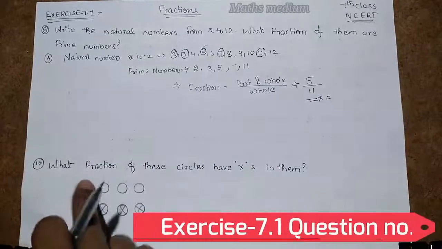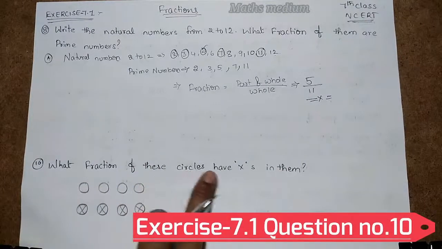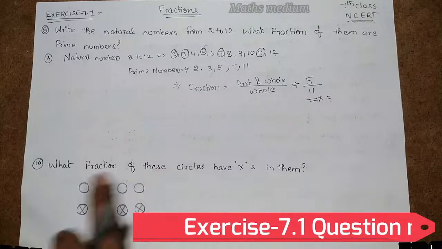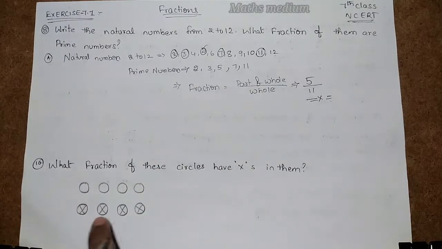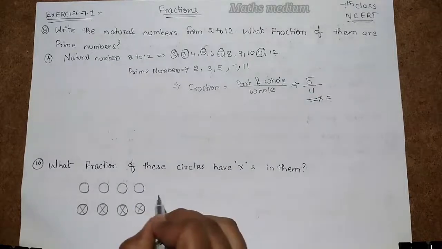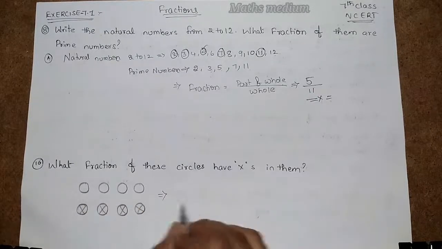Next, coming to here, what fraction of these circles have x's in them? So here some circles are given. In this, in the center of this we have x's here. So we have to represent it as a fraction.